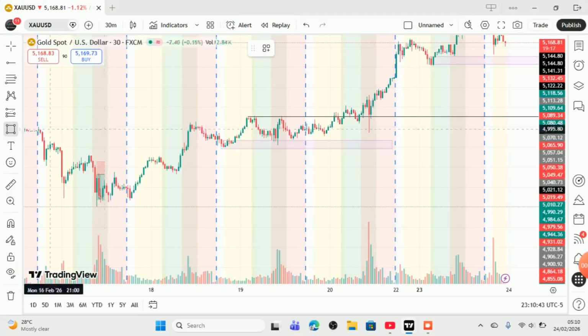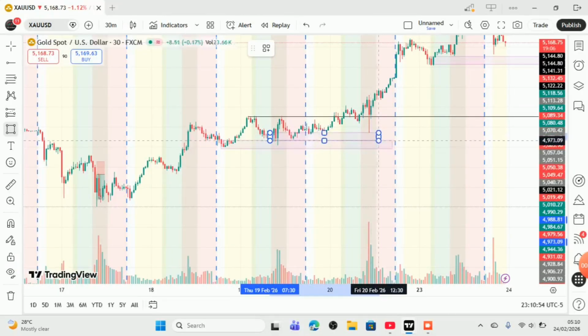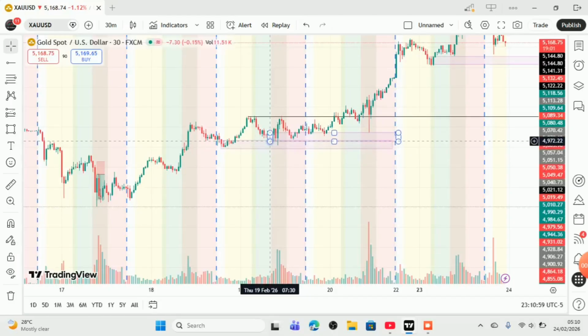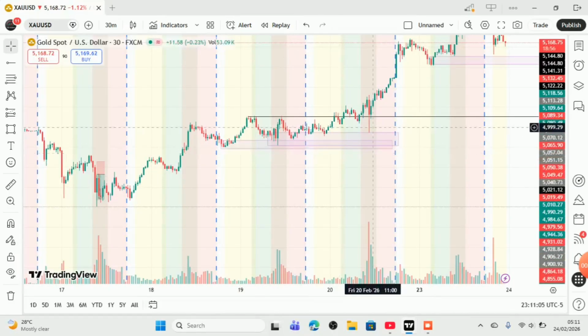So let's assume we were waiting to buy again. If we were waiting to buy again, we'll be buying from this zone. So as you can see, the market just strolled down, picked it up, and started moving again.